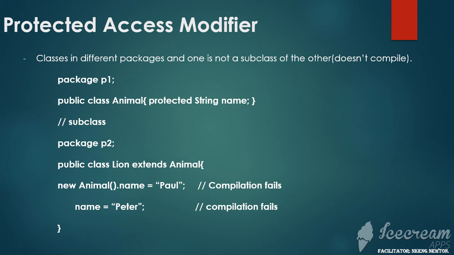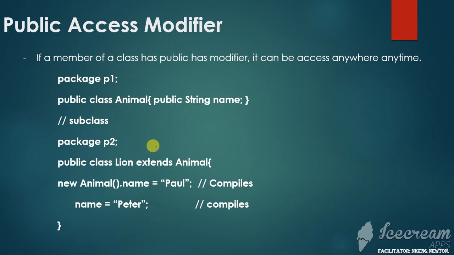Now let's look at another access modifier called public. Public is an access modifier that does not have restriction. If a variable or a method has the public access modifier, it means that it can be accessed anywhere. It can be accessed in the same class, or in another class, no matter where that other class is.